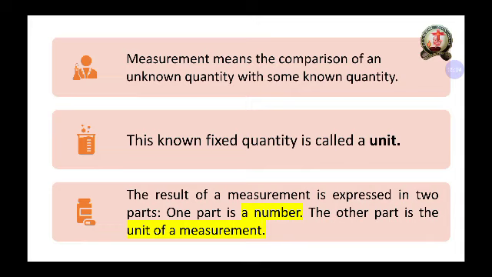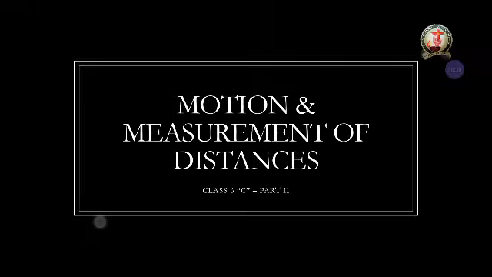The result of a measurement is expressed in 2 parts. One part is a number, and the other part is the unit of measurement. Unit means the millimeter or inch, centimeter, kilometer, whichever unit you are using to measure. Okay, shall we proceed to today's class?